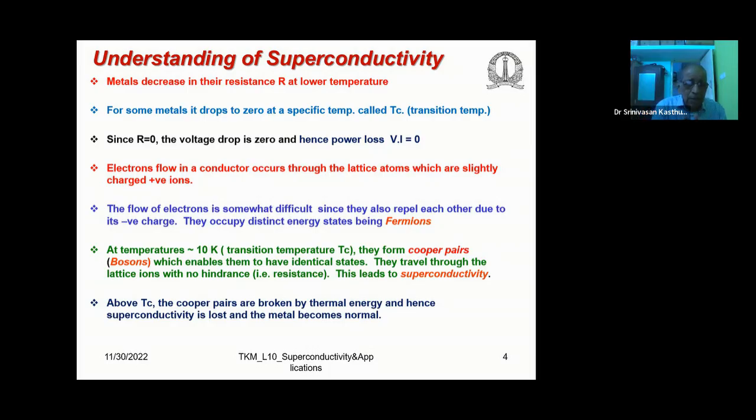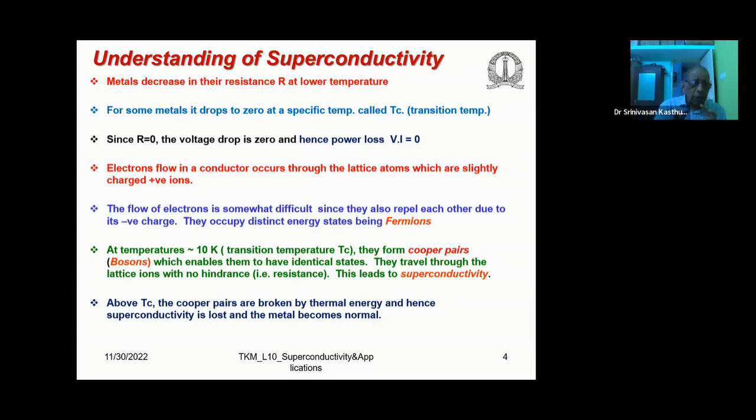If the resistance is zero, it means that if you pass a current through that zone, there is no voltage drop, because voltage is nothing but R into I, resistance into current. Since the voltage is zero, the power loss is also zero, because voltage into current is the power, and that power loss is equal to zero.